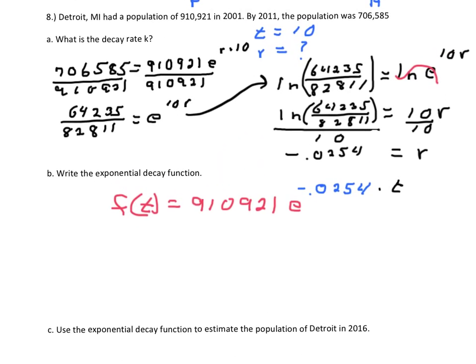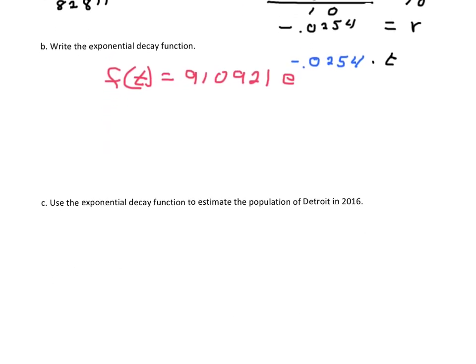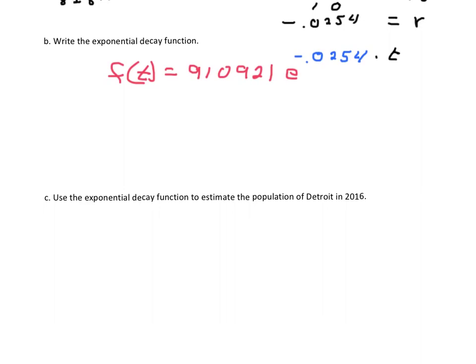Well, that looks like 15 years. Okay, so since it's 15 years, we want to find it for f of 15. So we're going to enter this into our calculator.